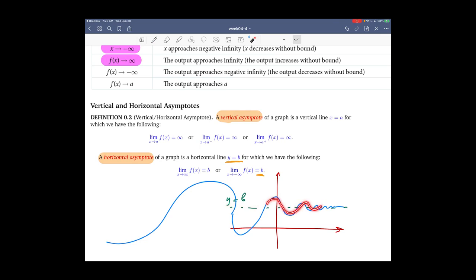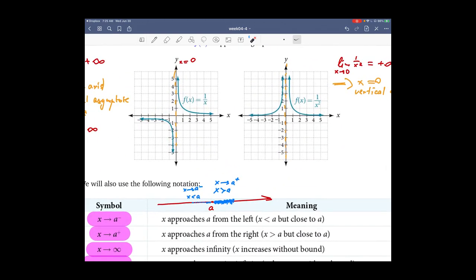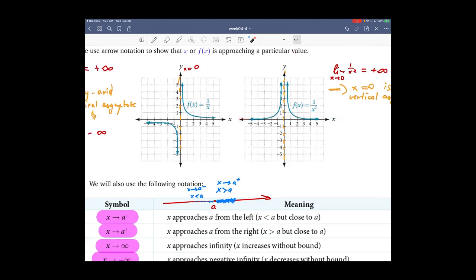Our graph approaches that line at positive infinity. For the two functions above, we immediately see that in both cases, y equals 0 is a horizontal asymptote. Why is that?